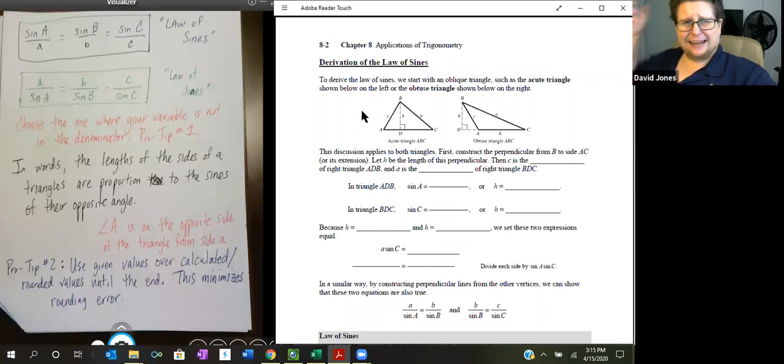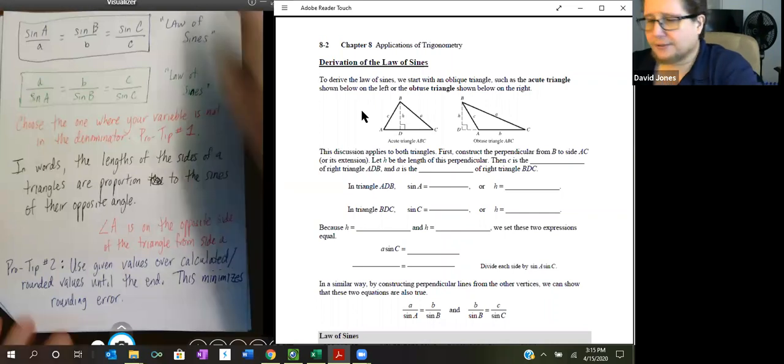And if you're looking at NASA launching something towards Mars, the angle that we launch at, even if it's off by 1/1000th of a degree, Mars is so far away by the time it gets there that could be a huge difference in distance. So minimize those errors, wait till the end to round, and we'll do that when we're working in here.